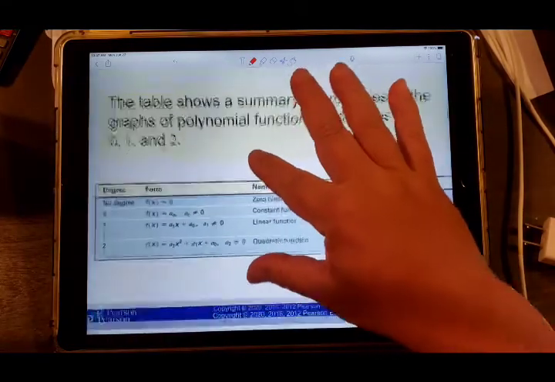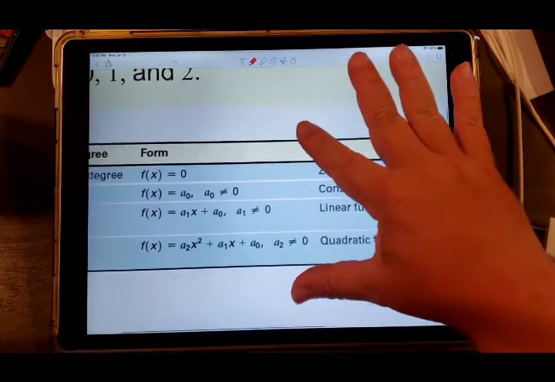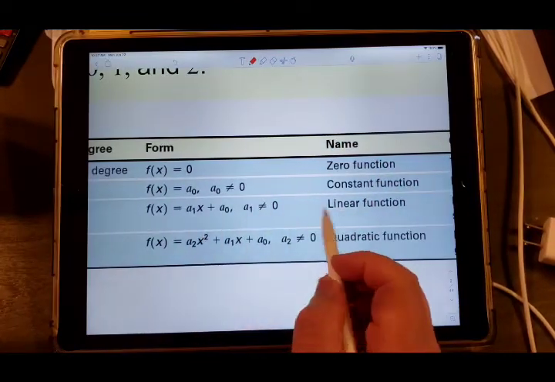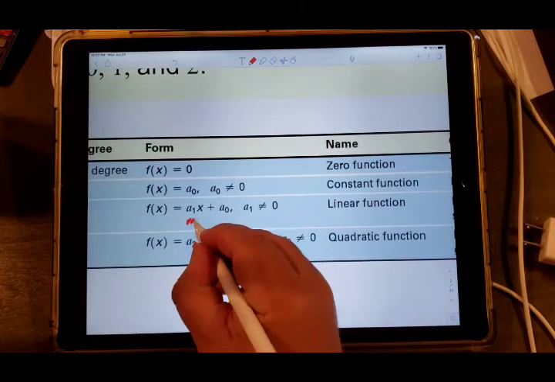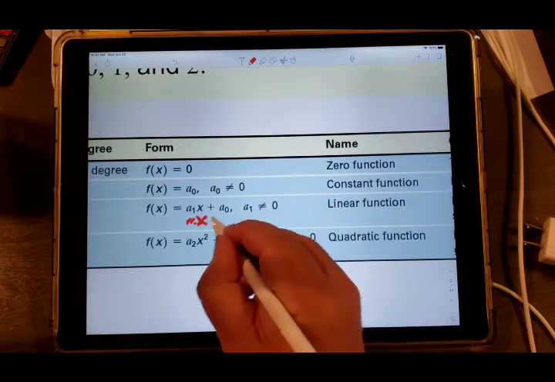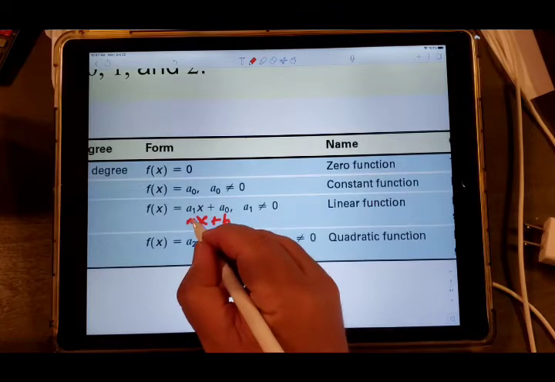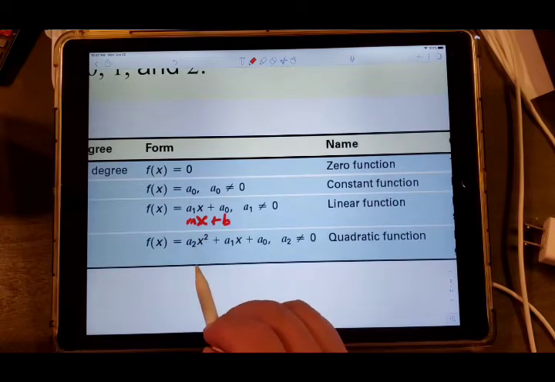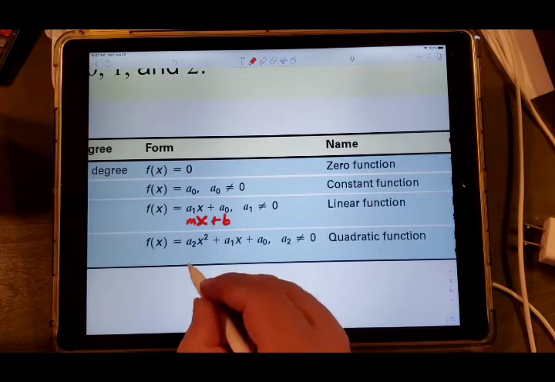All right, and then they give us this table. You're going to see a linear function in a way you're not used to. You're used to mx plus b, but they're trying to embrace the notation of the chapter. This is not what you're used to.